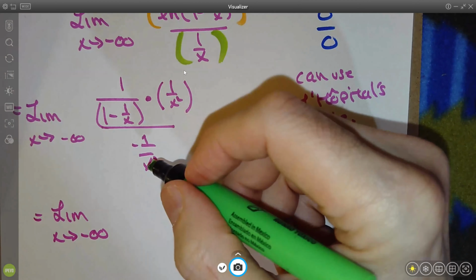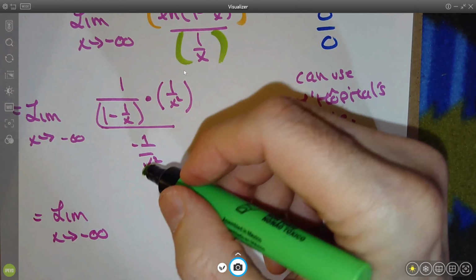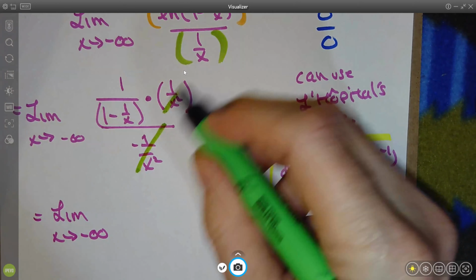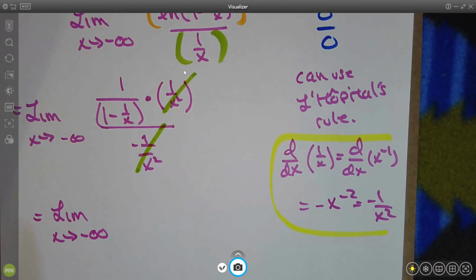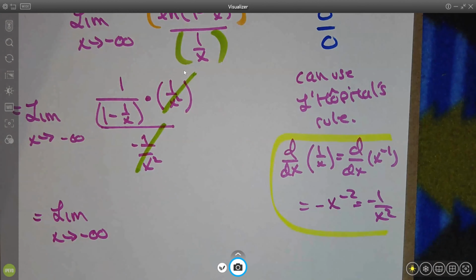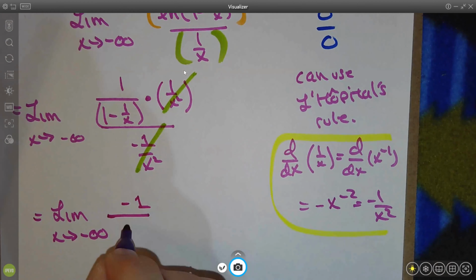Yeah, what you suggested, I think Ron maybe suggested, that would work, but I want to go for the easy part. Let's just cancel out that and that right away. What do you do with the negative? Let me just put that negative up top. So negative 1 over 1 minus 1 over x.